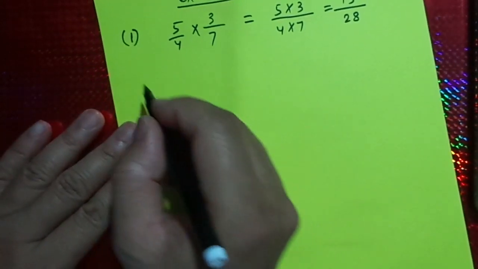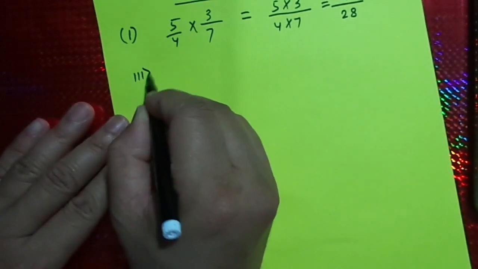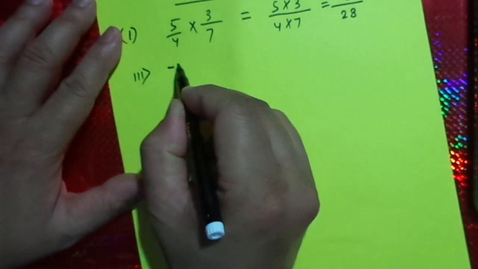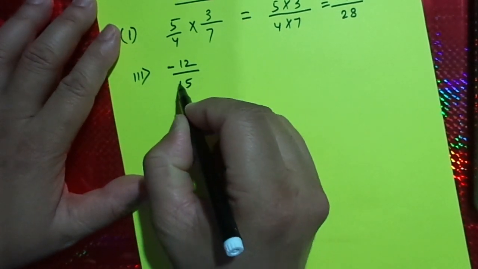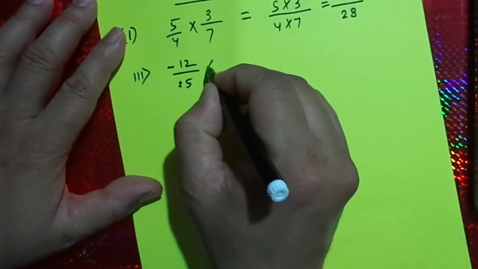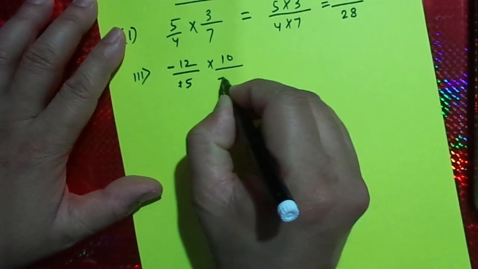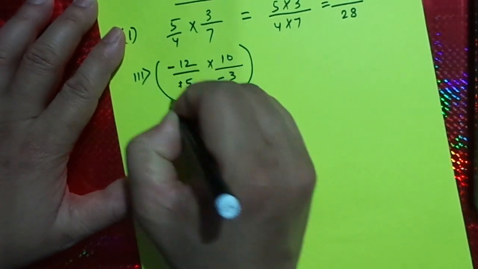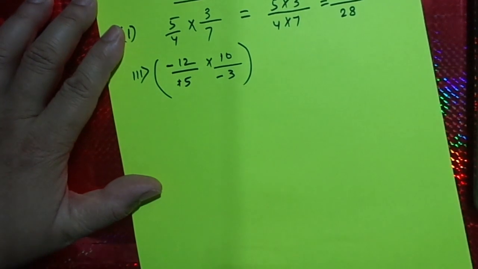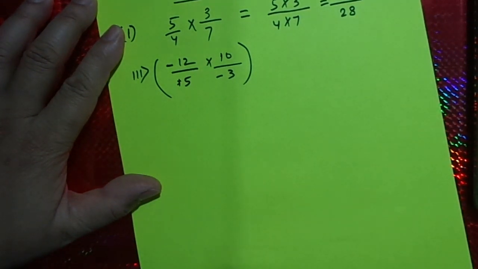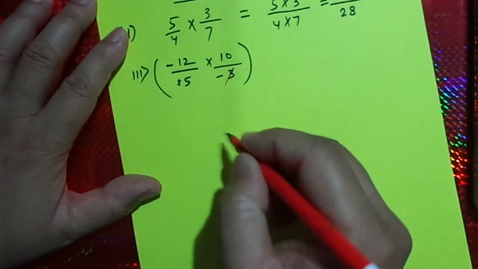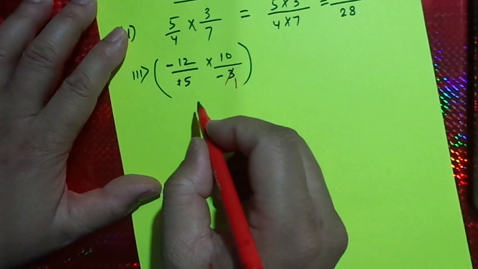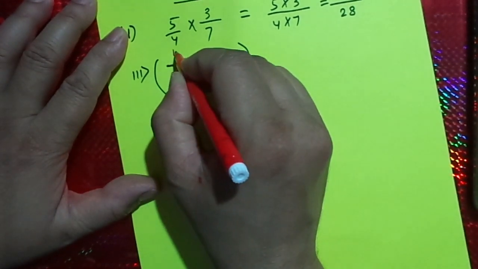Like when I come to number 3, where you have minus 12 by 5 into 10 by minus 3, I find that the numbers over here can be cancelled with 3: 3 1 times and 3 4 times.